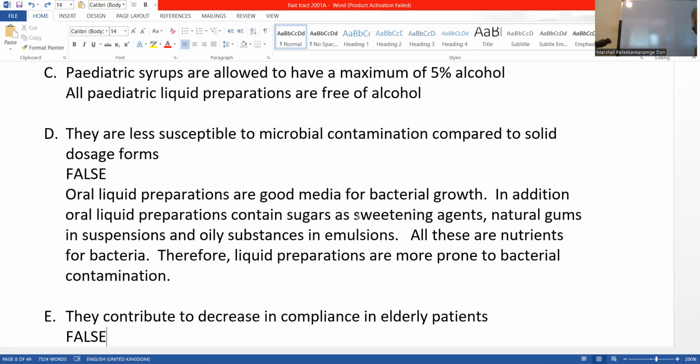That is the same as the question like B. Not less susceptible. Liquid dosage forms are more susceptible to bacterial action. So microbial contamination is very easy there.